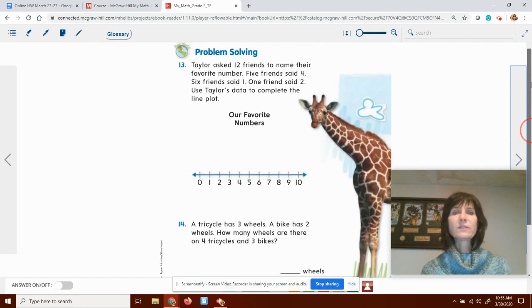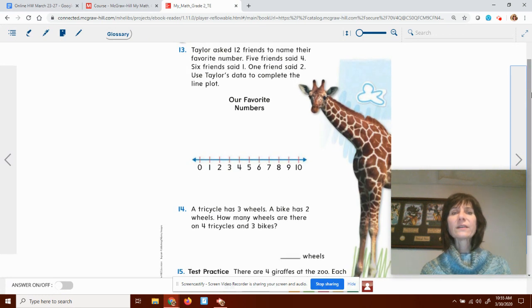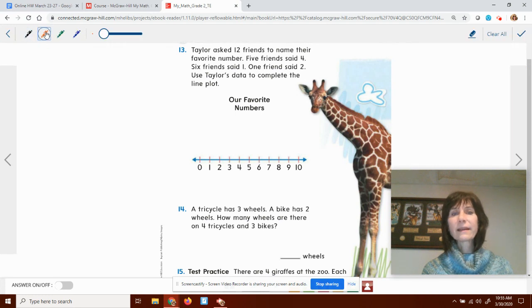On the next page, we have Taylor. Taylor asked 12 friends to name their favorite number. 5 friends said 4. 6 friends said 1. 1 friend said 2. They want us to use this data to make a line plot.